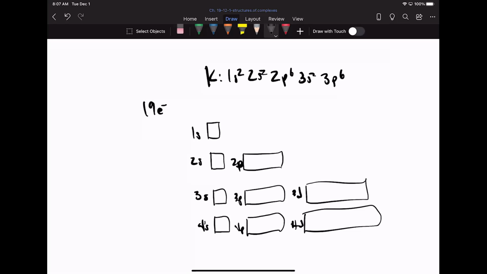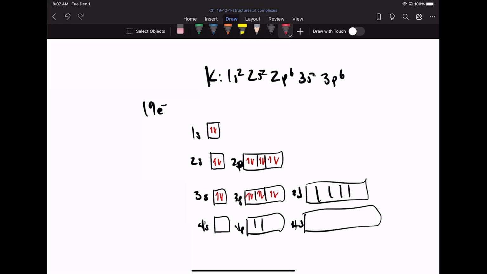So we have 2, 2, 6, 2, 6, which makes 6, 12, 18.